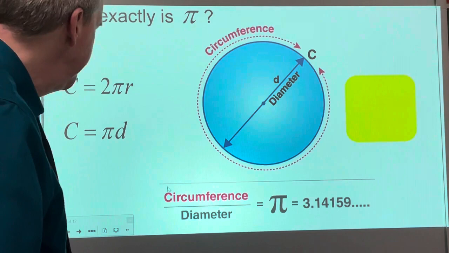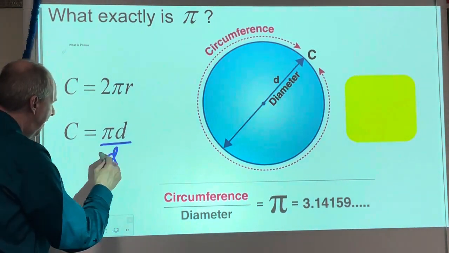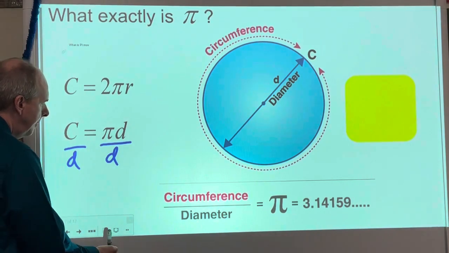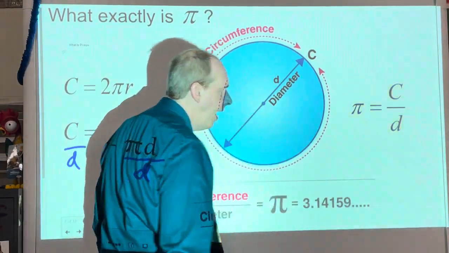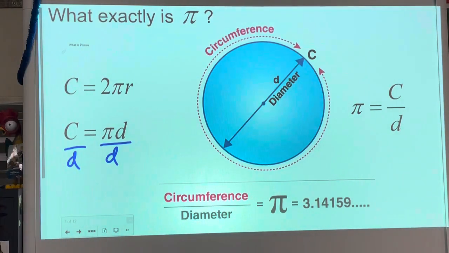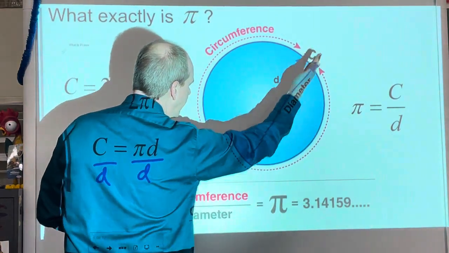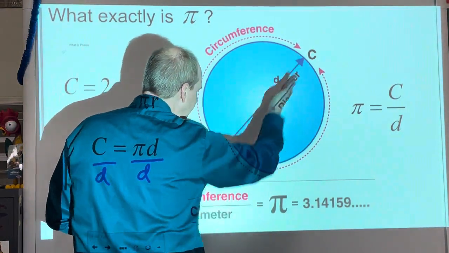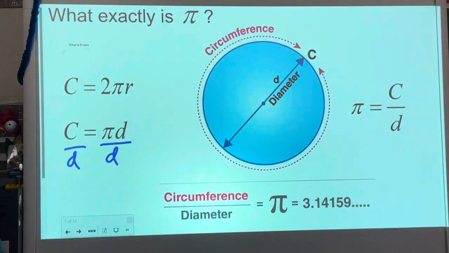If I solve this equation for pi, that means I would divide by d. D's cancel, and it leaves me pi is the circumference divided by the diameter. If you take any circle and you measure the distance around and you divide it by the distance through the middle across, you'll get 3.14159.